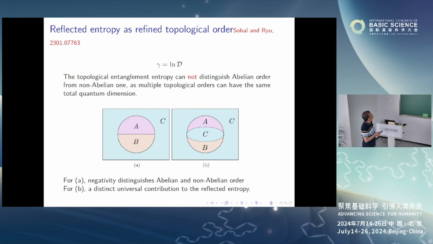Quite recently, last year, Liu and his collaborators addressed this issue, but in a different configuration. And they have a very nice insight: they find that the entropy can refine the topological order.